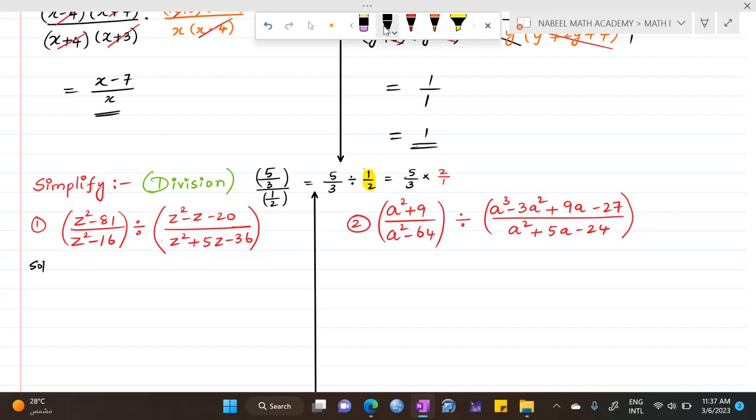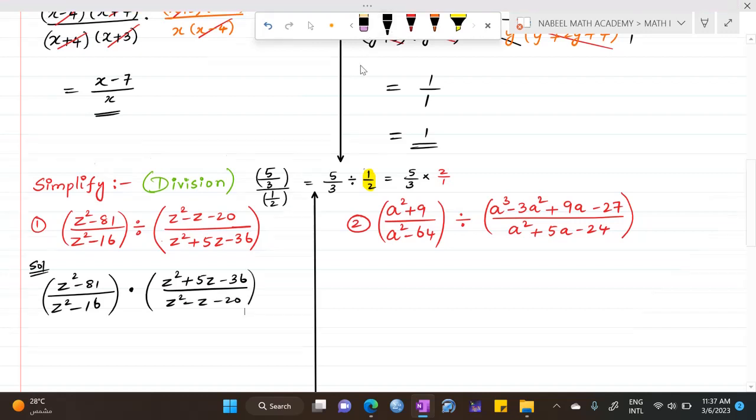This is the same technique we are going to follow in this case as well. So here we have z square minus 1 over z square minus 16. I make this part multiply, and the fraction becomes reciprocal, so z square minus z minus 20.